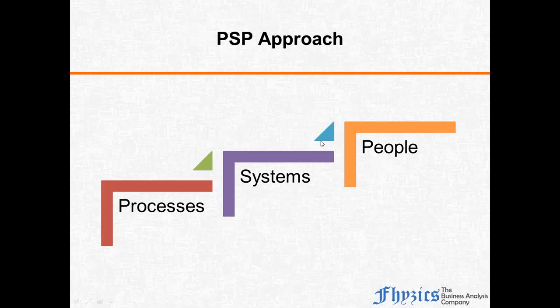And of course, when we contribute very well, we also benefit, right? So it is a win-win situation. As a business analyst, we should strive to stay in the organization for a longer period.